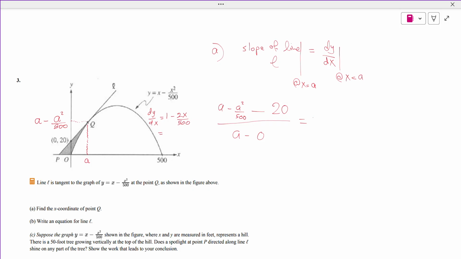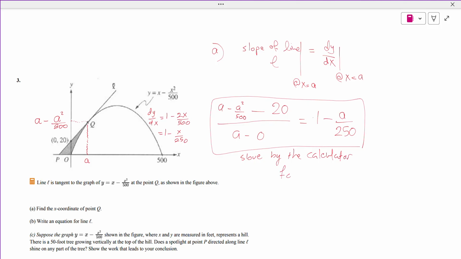You cancel 2 with 500, so this is x over 250. On the right side, we have 1 minus, substituting A, A over 250. This is an equation you can just solve with the calculator.